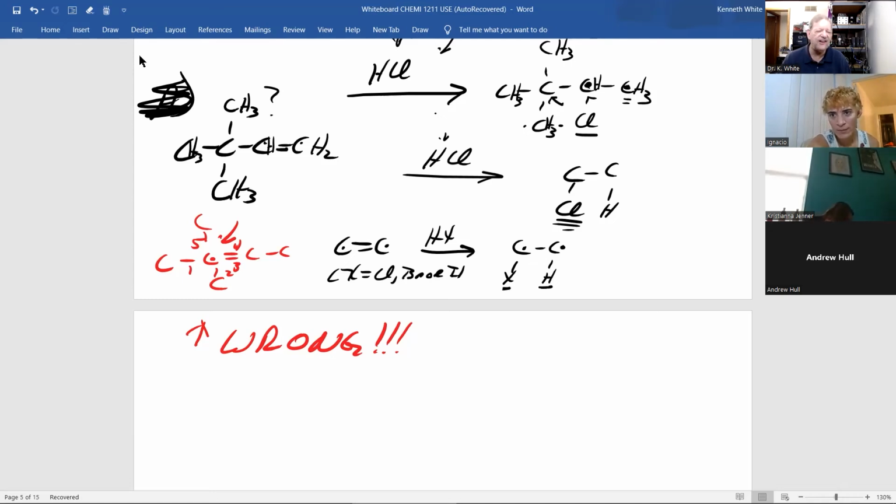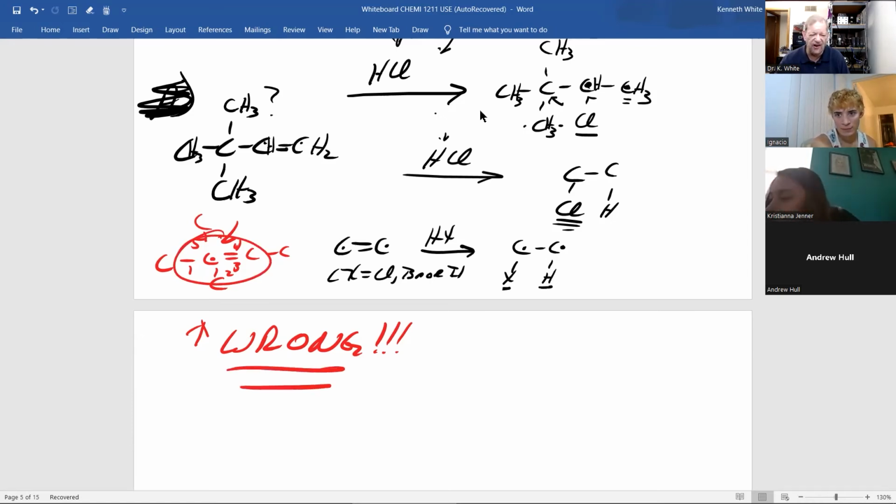That's beyond that. It doesn't happen. So remember, when you're drawing structures, make sure your carbons only have 4 bonds to it, because this right here tells me it's wrong, because there are 5 bonds to this carbon.